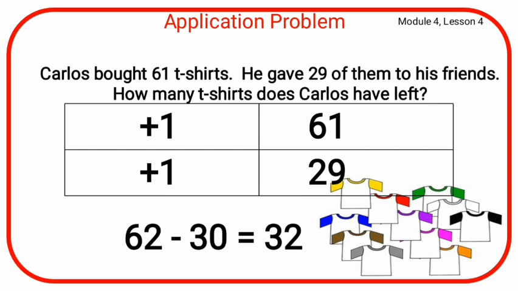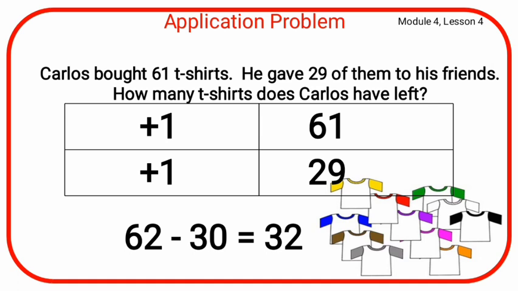9 is closer to a 10 than 1. 9 needs just 1 to become a 10. So I'm going to take 1 and add it to both numbers. So now I have 61 plus 1, 29 plus 1. And 61 plus 1 is 62. 29 plus 1 is 30.